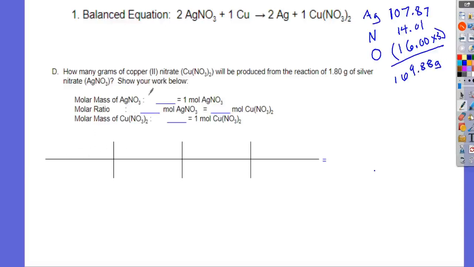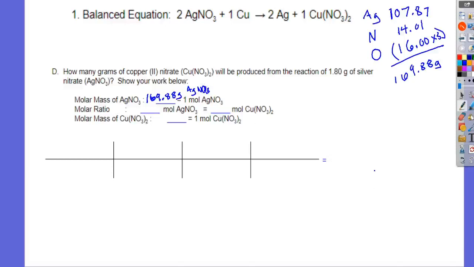So 169.88 grams of silver nitrate is equal to 1 mole of silver nitrate.